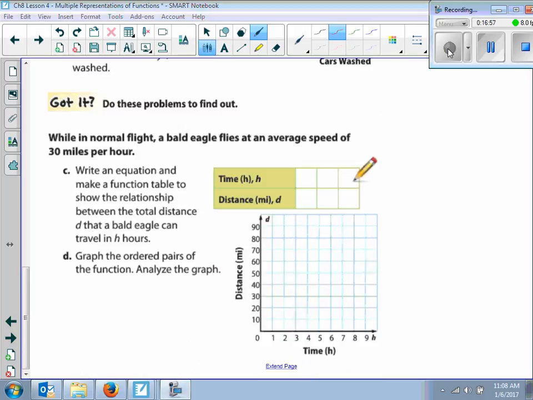All right, so while in normal flight, a bald eagle flies an average speed of 30 miles per hour. So we're going to do the same thing that we did with the car wash. We want to write an equation and make a function table to show the relationship between the total distance d that a bald eagle can travel in h hours. So what are my variables?